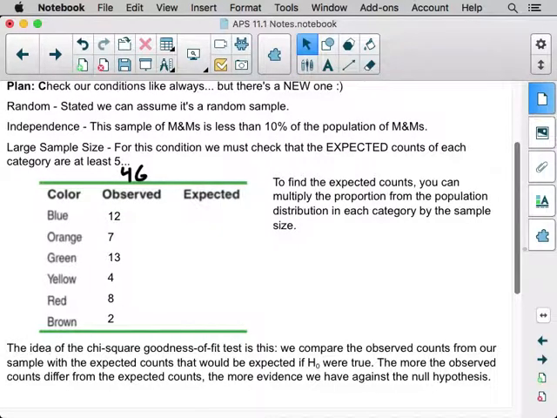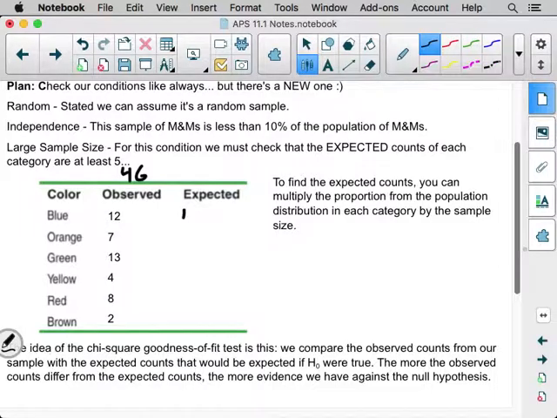For blue, it says that we should expect 23% of them to be blue, right? So if the null is true, we would expect 23% of these 46 to be blue, right? 46 times 0.23. So we would expect 10.58.